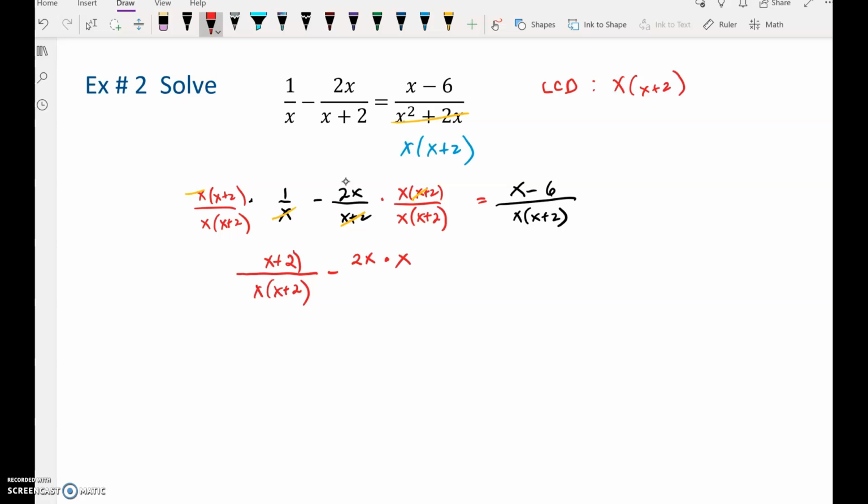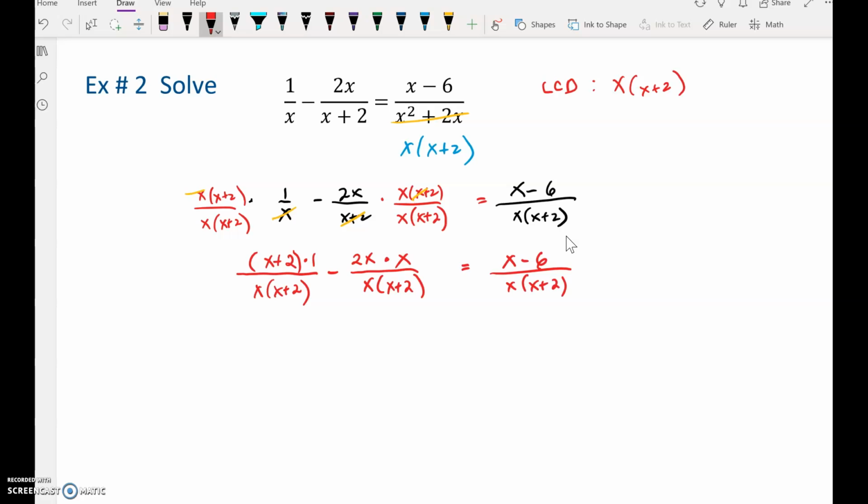Let me include here that I have multiplied this by 1, and this is 2x multiplied by x, and I have a common denominator of x times x plus 2, and my right side will just be x minus 6 over x plus 2.